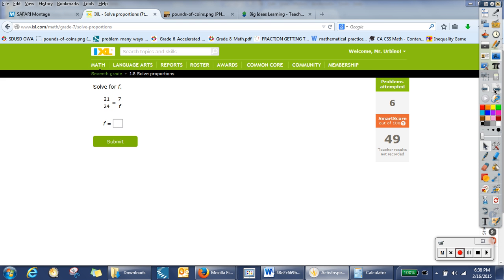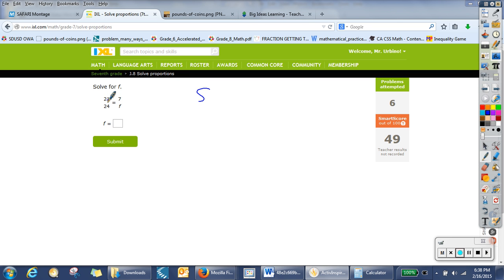For instance, 24 times 7, that's not a number I can easily do in my head. But 21 divided by 7 is an easy number that I can do in my head. So 21 divided by a number will give me 7. I'm just going to use simplifying for this one.